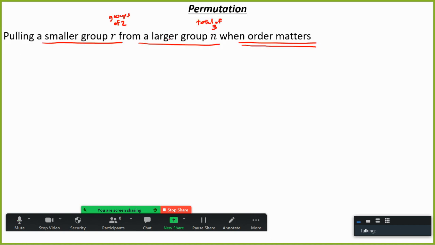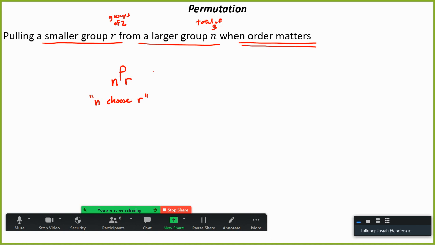Sorry. So here's our formula. Permutation, whenever we have to pull a smaller group from a larger group and order matters, here's how it's written. N, capital P, R. And how we say this is n choose r.